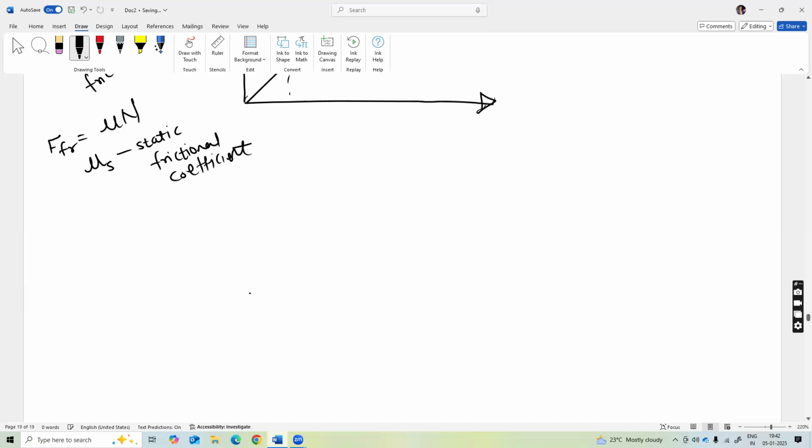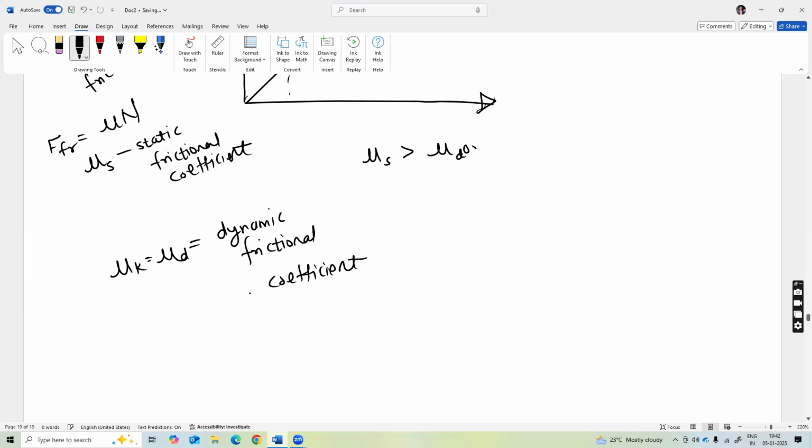And there is mu k or mu d, that is the dynamic frictional coefficient. So in reality, this static frictional coefficient is always greater than the dynamic or kinetic frictional coefficient. Okay, in the actual case.